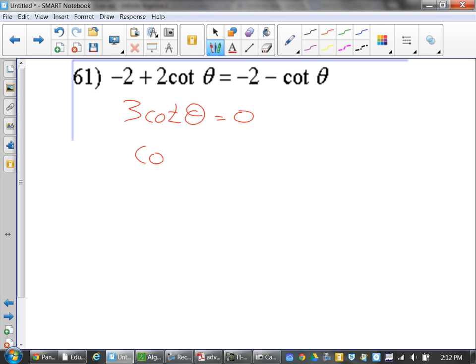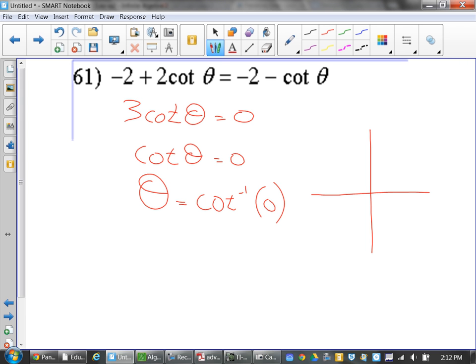Therefore, cotangent theta is 0. What angle has a cotangent value equal to 0? It has to be on a quadrantal, because those are the only ordered pairs that have zeros. Now remember, cotangent is the inverse of what trig function? Tangent. So we have (1, 0), (0, 1), (-1, 0), and (0, -1).